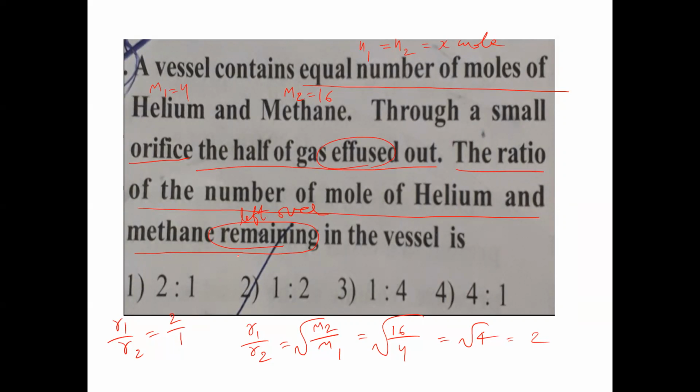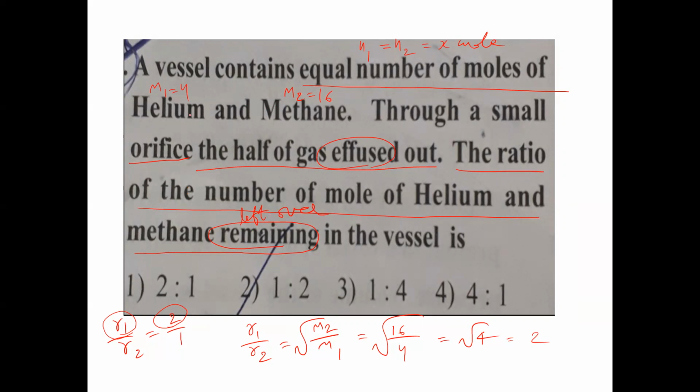2:1. But they asked how much is leftover. Leftover means reverse. Leftover remaining will be 1:2, but diffused will be 2:1. So which gas is diffusing faster? The first gas, because the first gas is the lighter gas, with less molecular weight than methane. When a lighter gas is taken, it will diffuse faster.